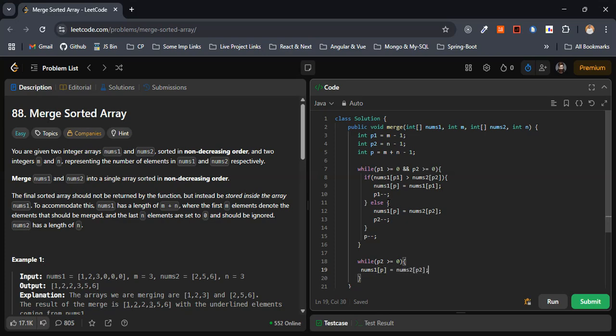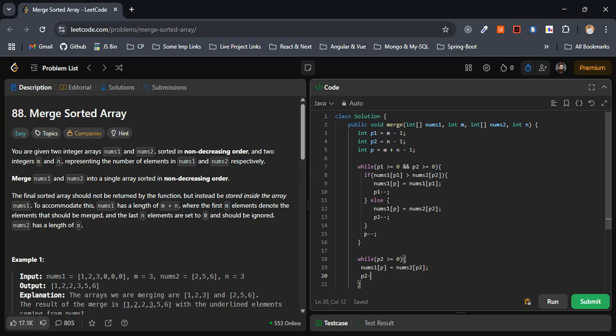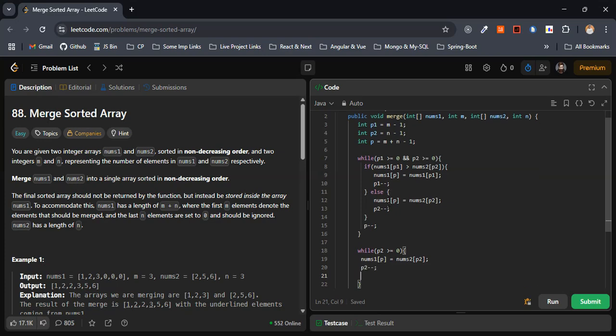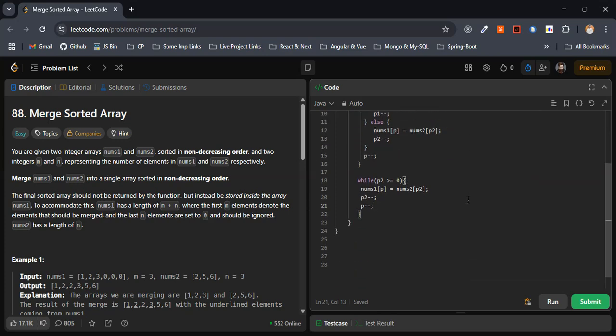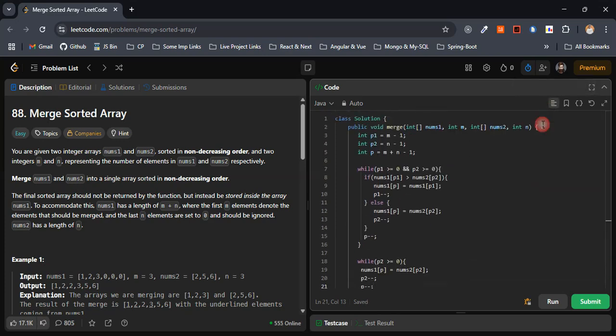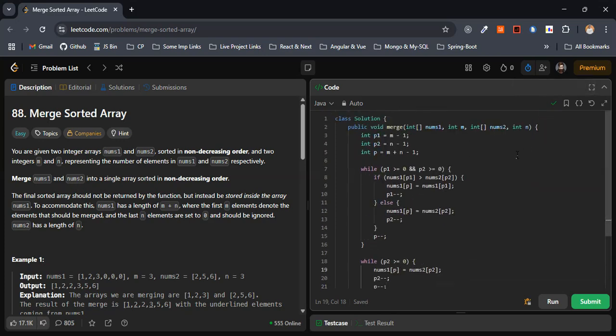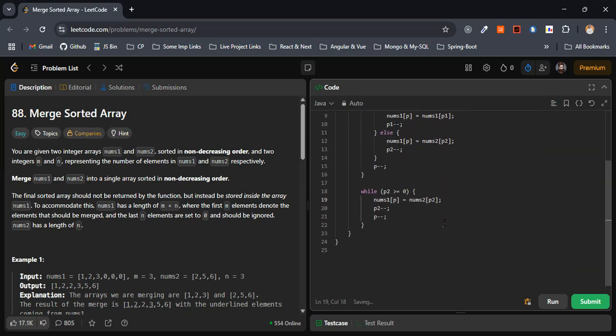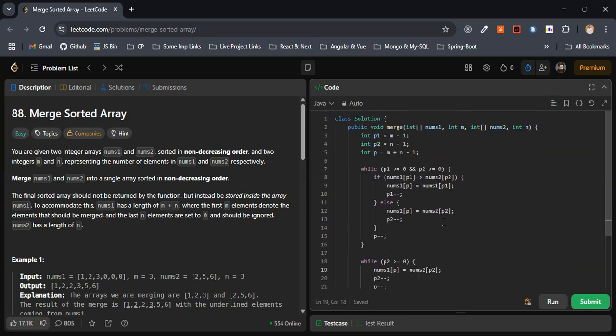Then we decrement p2 as well as p. So this is it for the code. The exact same thing that we discussed in the approach, we are articulating in the form of code. I hope the code is completely clear.